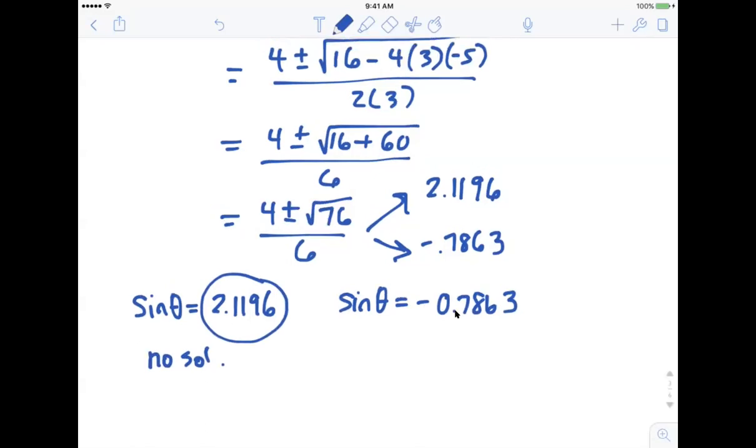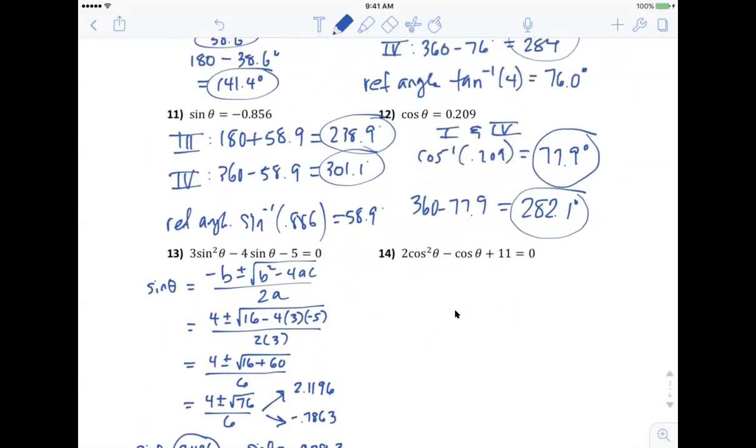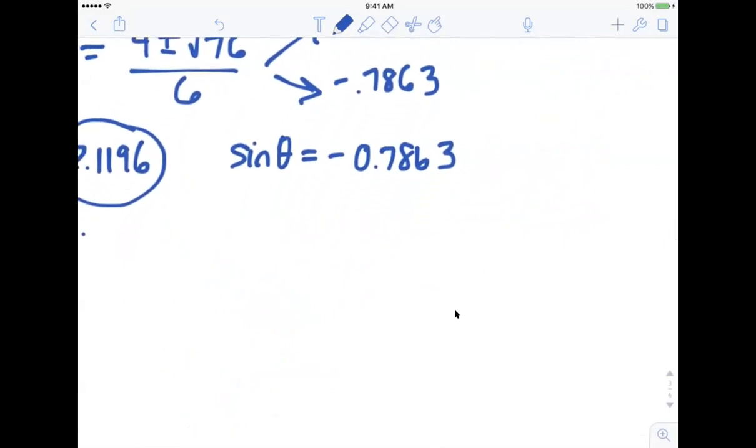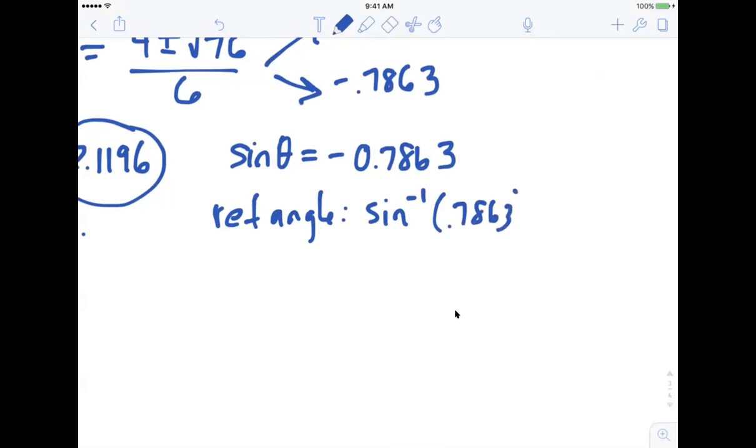And that's a lot like the problems we just did above, right? Like number 11. I'm going to do it that way, right? So sine is negative in quadrants 3 and 4. So first, let's get that reference angle. The reference angle, I'm just going to do sine inverse of 0.7863 without the negative. And that's 51.8.